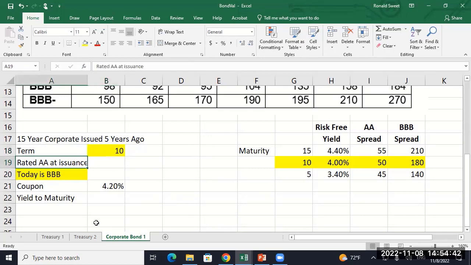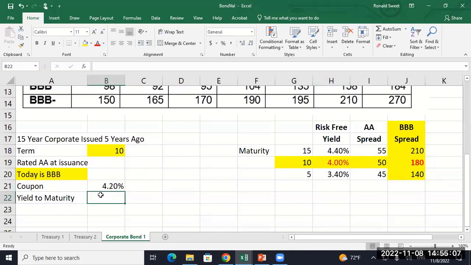The fact that it was rated AA, all that tells you is it has a pretty low coupon because the coupon was established when it was much higher credit quality. So that means you have a lower coupon, which is going to make its price fall more. So my yield is going to be that number right there.